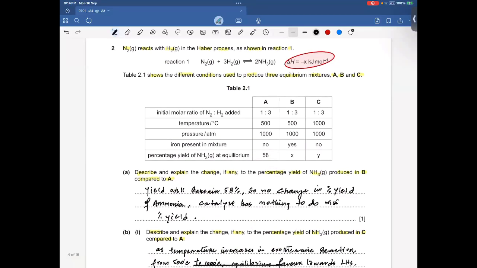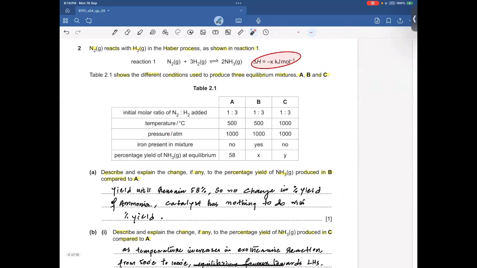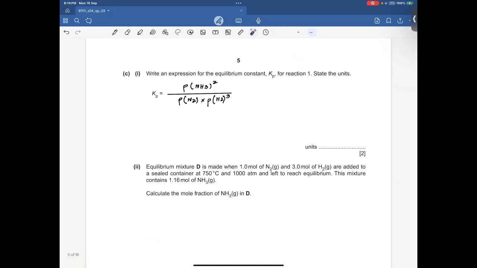Okay. The unit of pressure is atmosphere here. So I'm going to use atmosphere in order to determine the unit for this expression. If atmosphere is the unit and it is squared, it's going to be atmosphere square over atmosphere into atmosphere cube, because there's power 3.